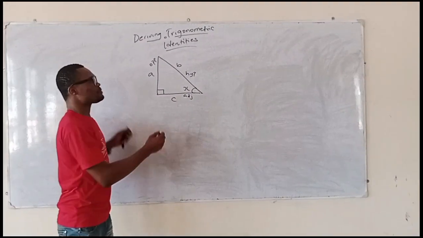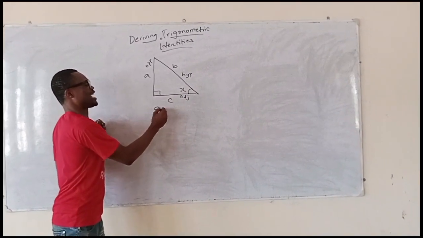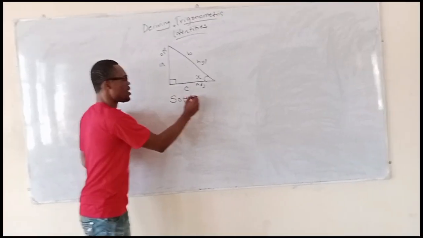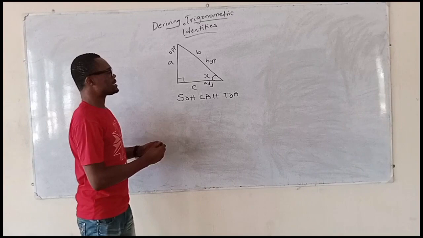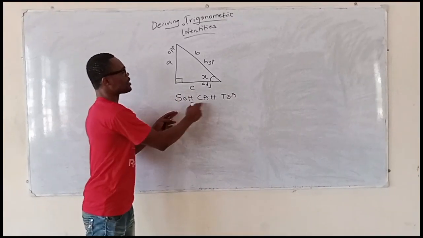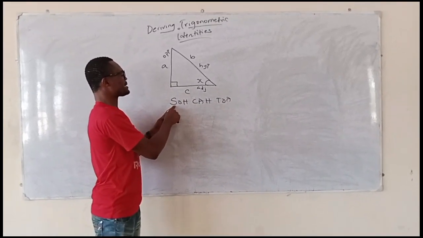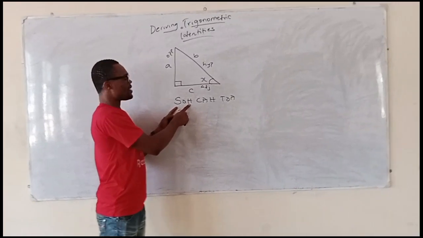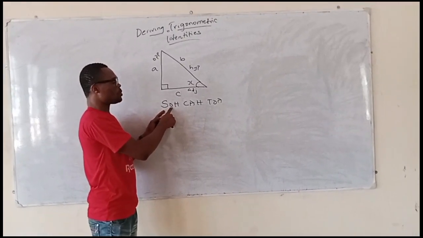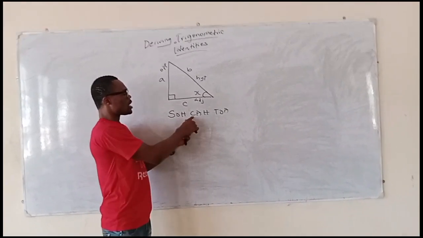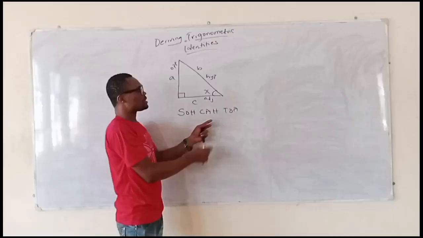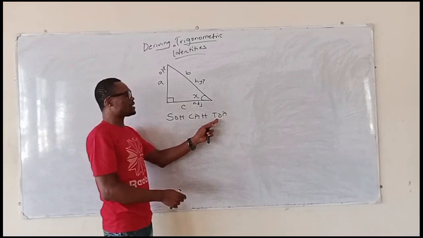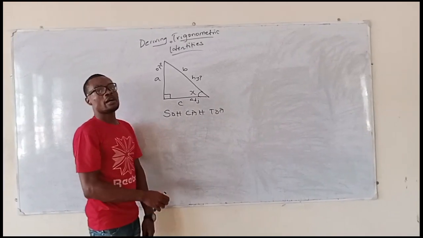Remember this particular cliche in mathematics, SOH CAH TOA. These are just acronyms. SOH simply means sine of the angle is equal to the opposite over hypotenuse. CAH simply means cos of the angle is equal to adjacent over hypotenuse. And TOA, tan of the angle is equal to opposite over the adjacent.